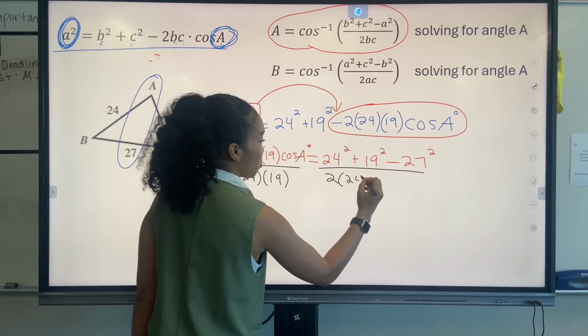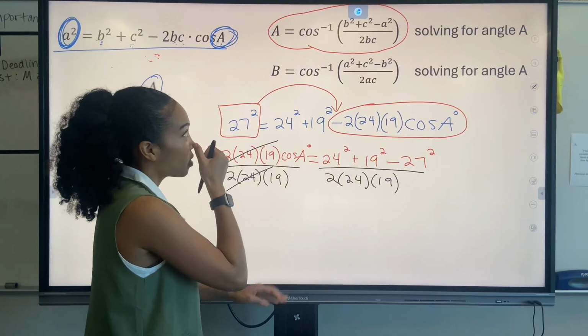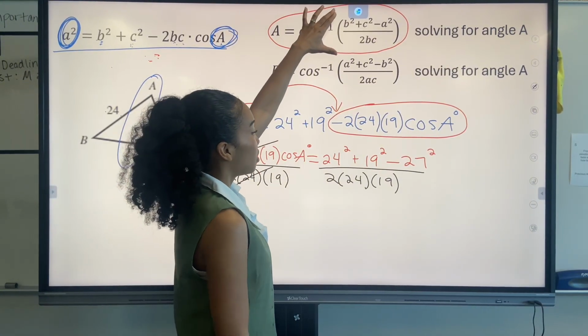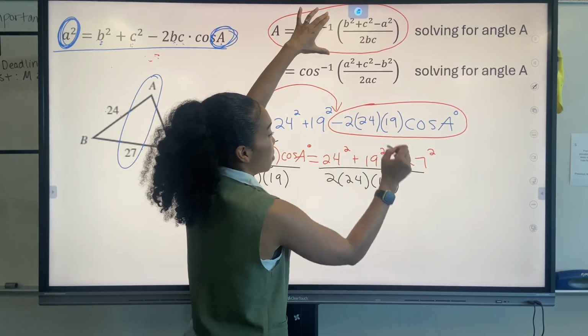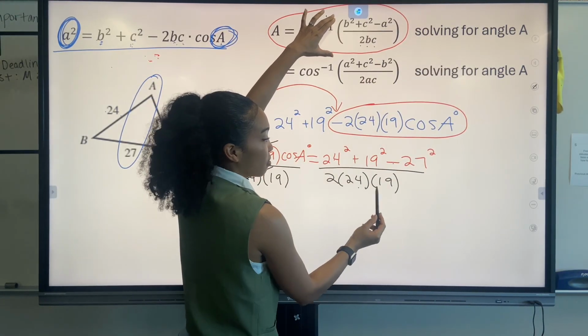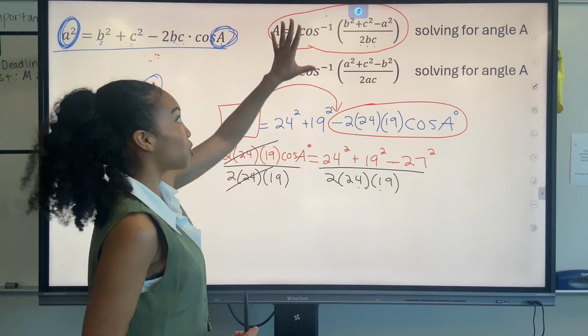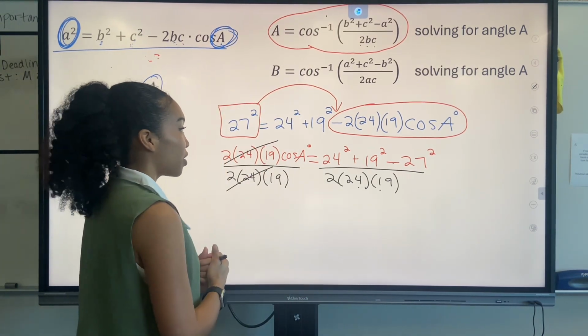Cancels, cancels. And look, guys, we ended up with the formula. You have the squared plus the squared minus the squared over 2 and the two sides. So you could go directly to the formula if you want to, but I'm showing you how to get it by yourself.